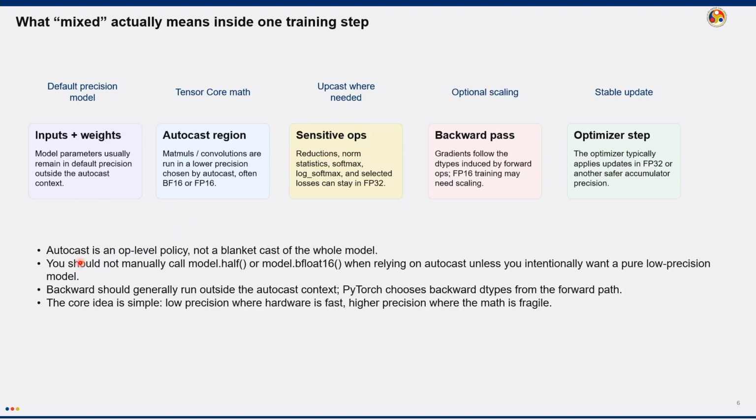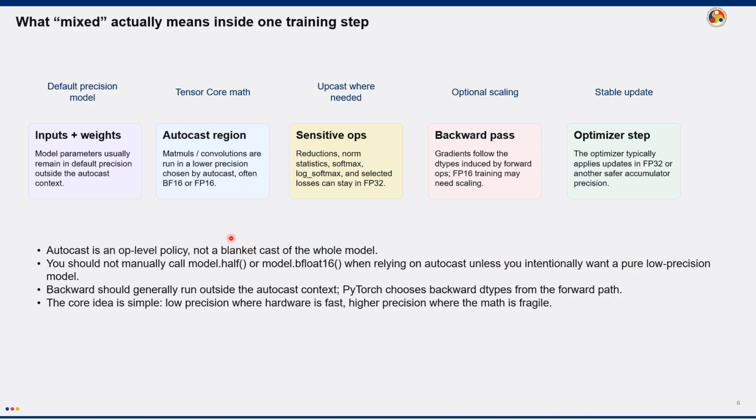You should not manually call model.half or model.bf16. We should rely on autocast, because it analyzes the capability of the streaming multiprocessors based on the kernels being launched, and that precision is applied automatically.